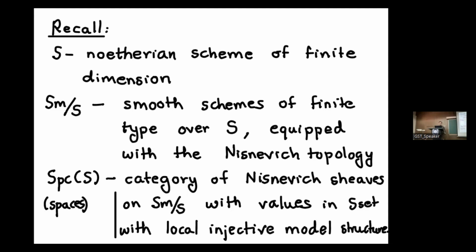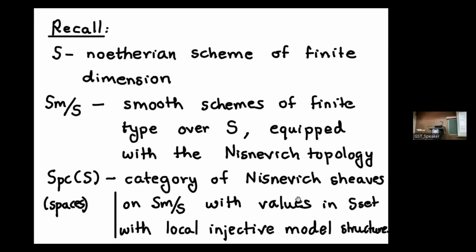And in fact, just like you have a notion of homotopy for topological spaces, you have the same thing for simplicial sets. And if you look at the homotopy category of topological spaces, that is equivalent to the homotopy category of simplicial sets. So simplicial sets are basically a combinatorial model for the homotopy category of topological spaces.